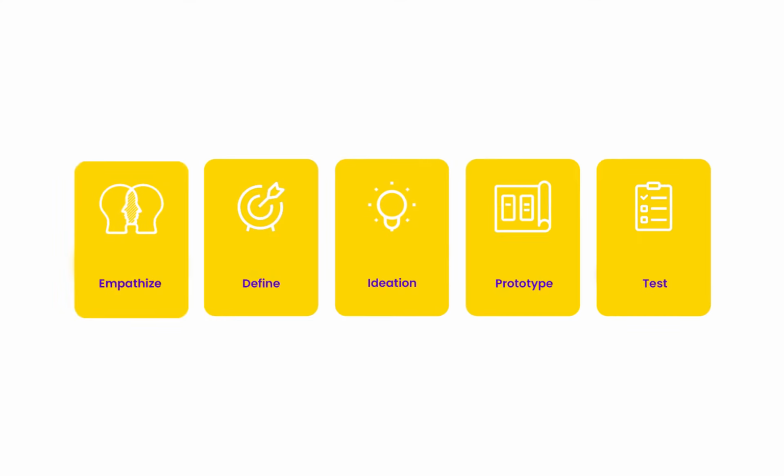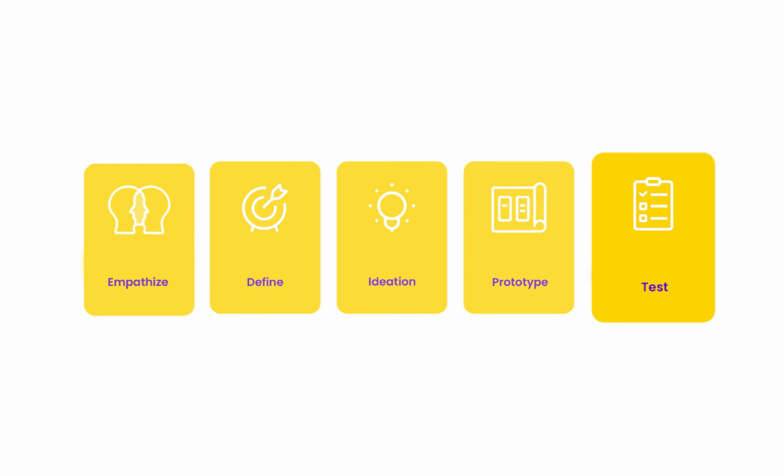Once we create the sketches and convert them into the prototype, we move to the next stage, the testing stage. This is the final stage in the design thinking process.